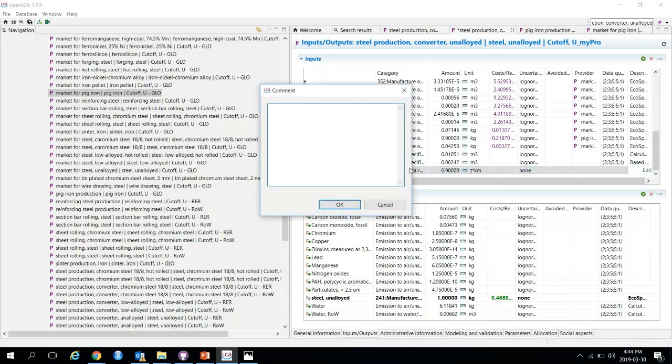And so we can add a description. We can say, assuming train transport for pig iron of 1,000 kilometers.